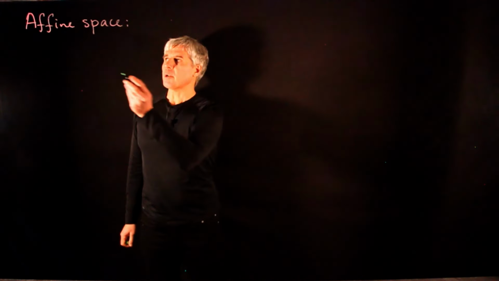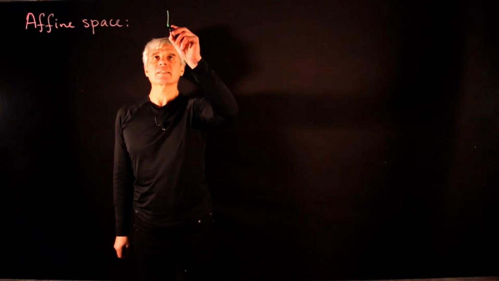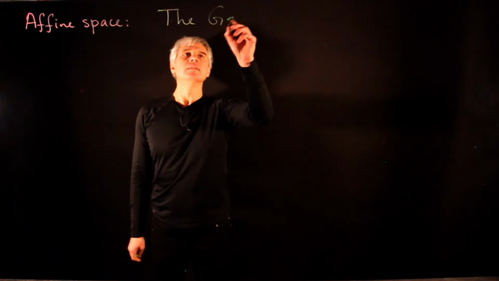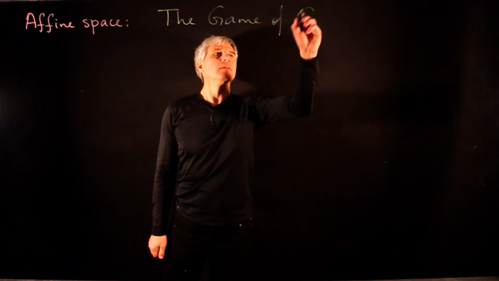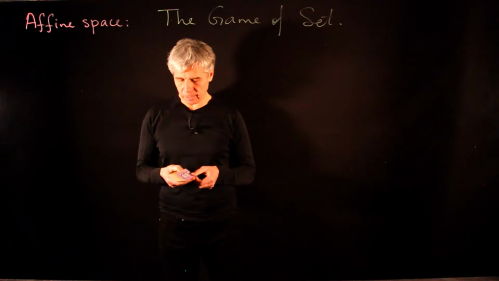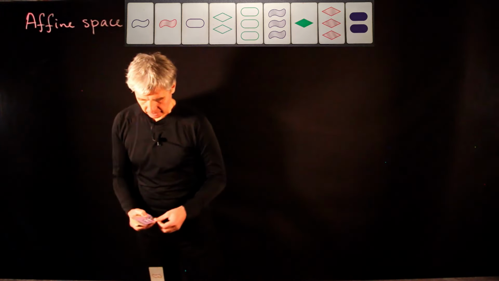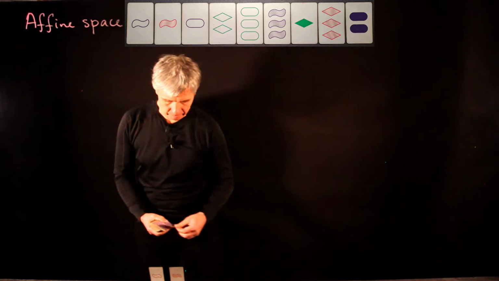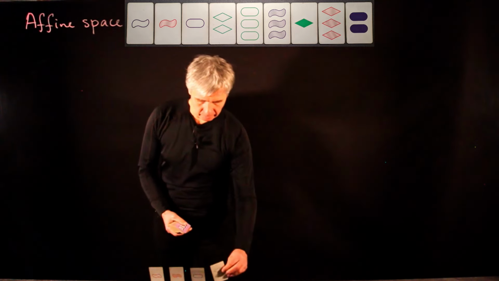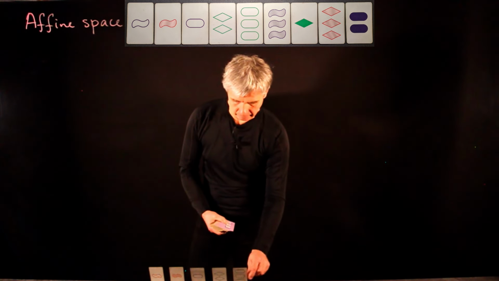As another illustration of the notion of affine space, let us discuss the game of Set. The game of Set is played with a deck of cards, where the cards look like this. So here are some cards of this deck.